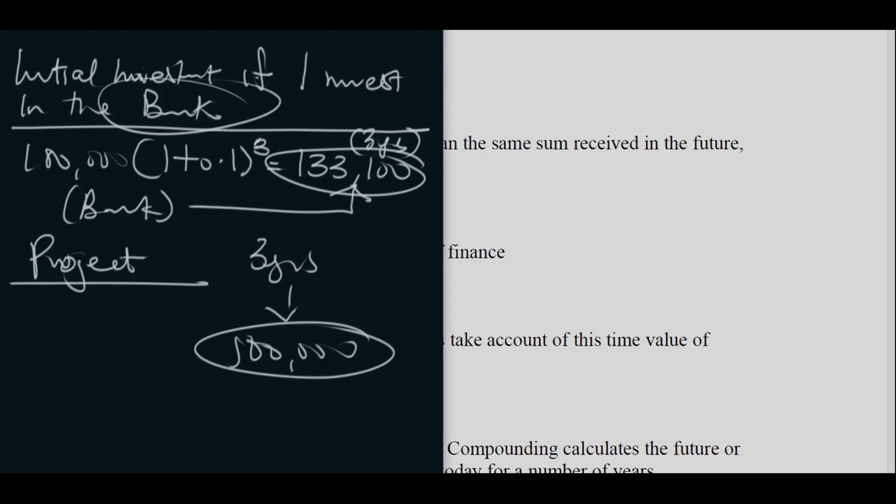So what we will do then is that now that 500,000 will be brought into the present so that we consider whether the project is worthwhile. So this is what we are going to do. If I get the present value of the net cash flows I'm getting from this project, and compare it to how much I invested today, what would it be worth?